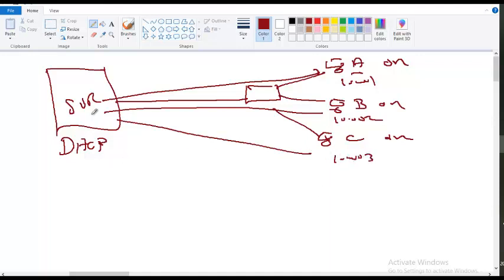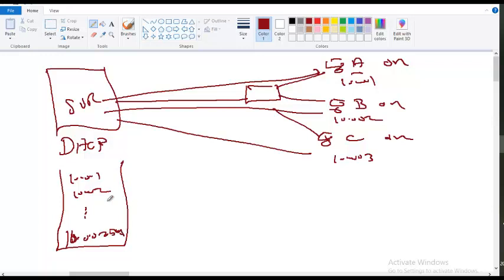How? Because the server is configured with a pool of addresses up to 10.0.0.254. So you have a pool of addresses here from which the server will give one IP address to each client. These are all called DHCP clients because they receive an IP address from the server.